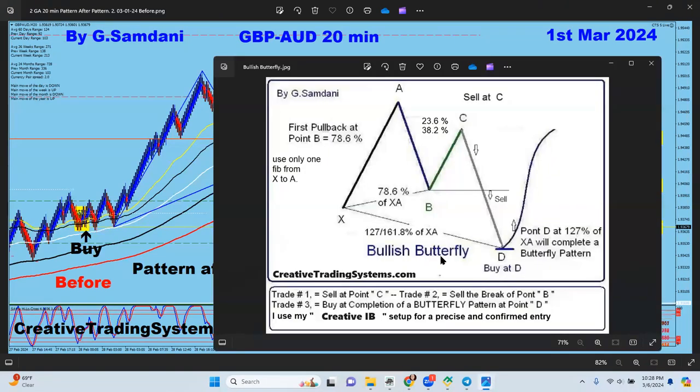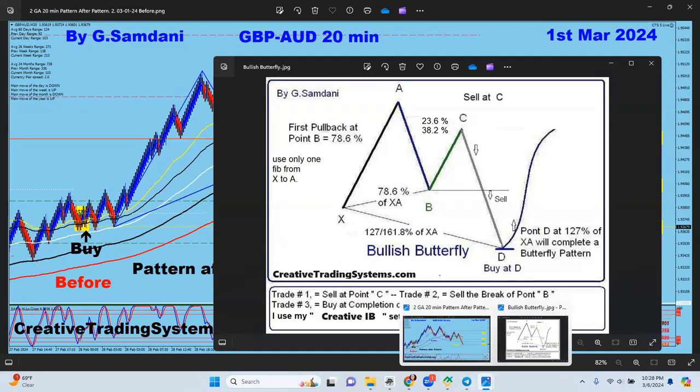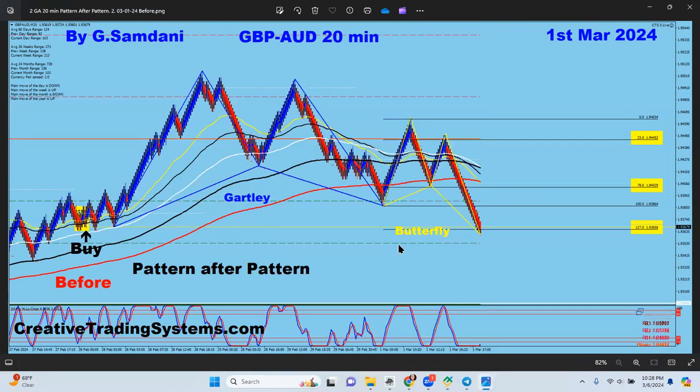See, the bullish butterfly pattern is 78, then 38 or 23 for the C point, and then the D point is 127 and 161. If you look at this pattern here, the first pullback is 78, then the C point is at the 23% line, and then it drops straight down to 127.